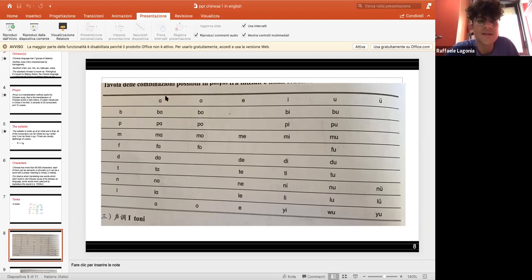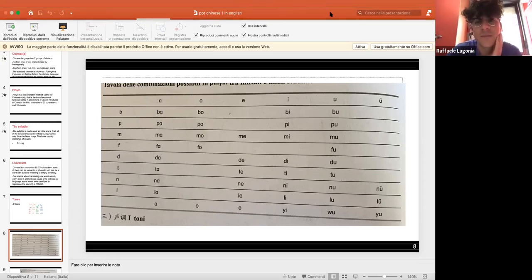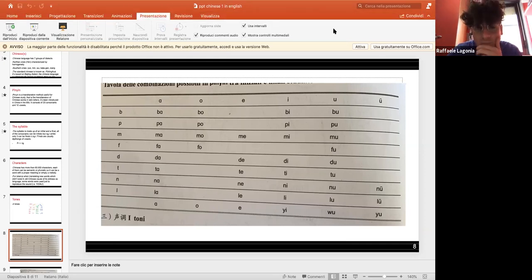So let's see the combination with the vowel A. We have pa, pa, ma, fa, da, ta, na, la. Okay, is it clear? Same principle.